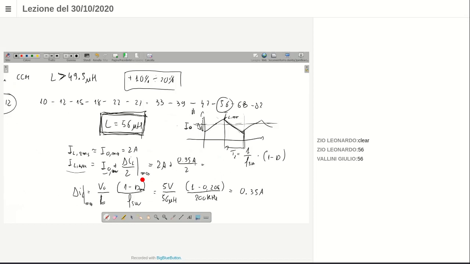That is about 0.18 amps. So this is 2.18 amps.